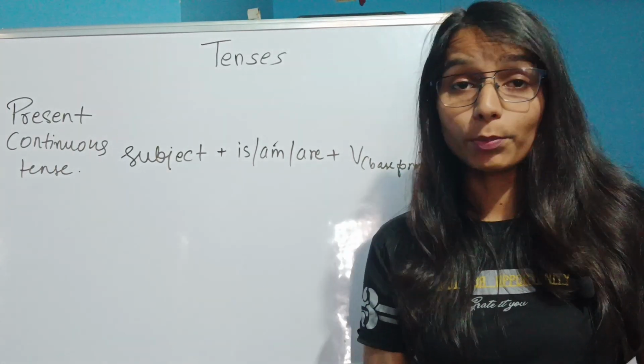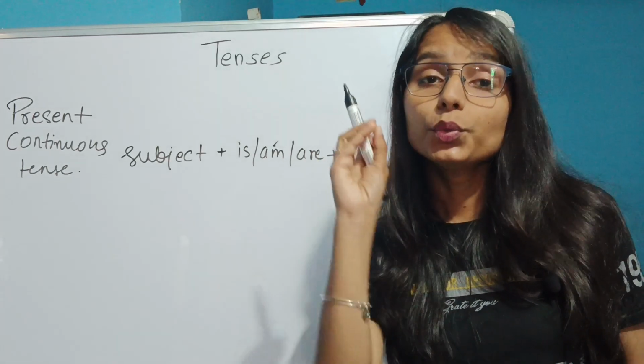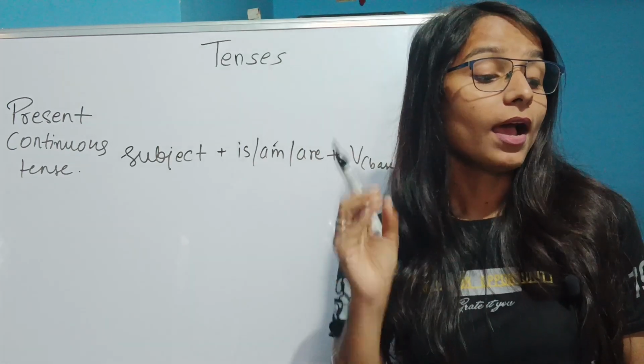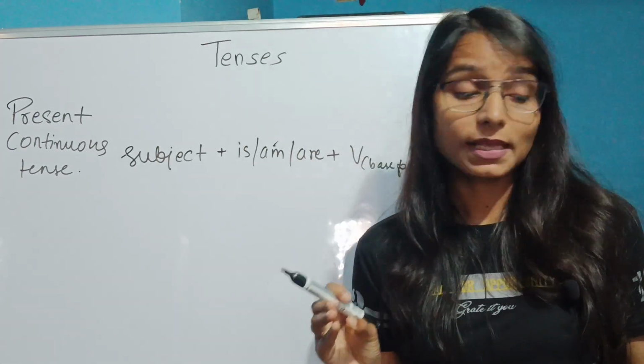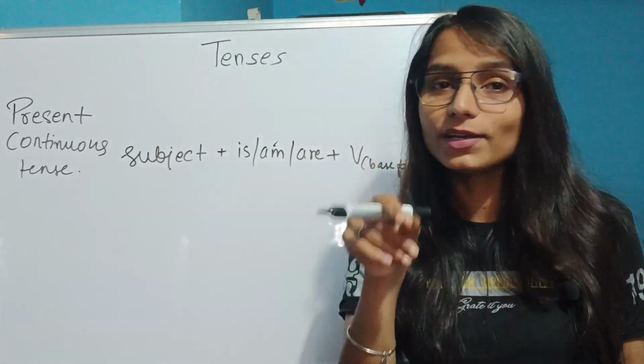So my point is present continuous tense: you started doing something. I have already mentioned this point. When you started doing something but you haven't finished yet, you are in the middle of it.